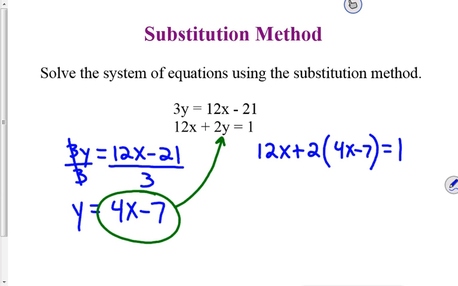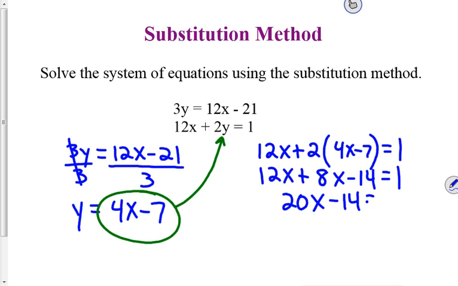Now I have an equation with just x in it, so I can solve. I'm going to distribute my 2, combine like terms, add 14 to the other side, and divide both sides by 20.